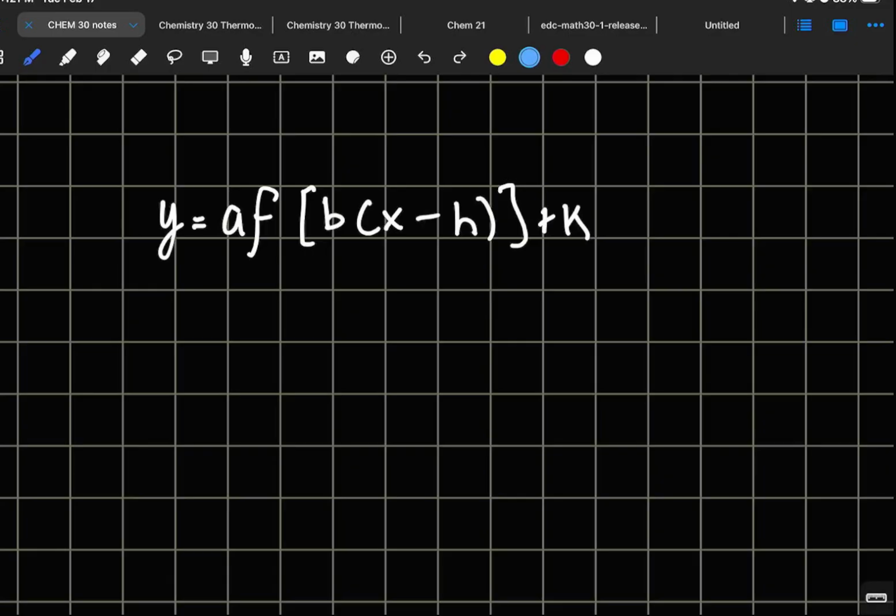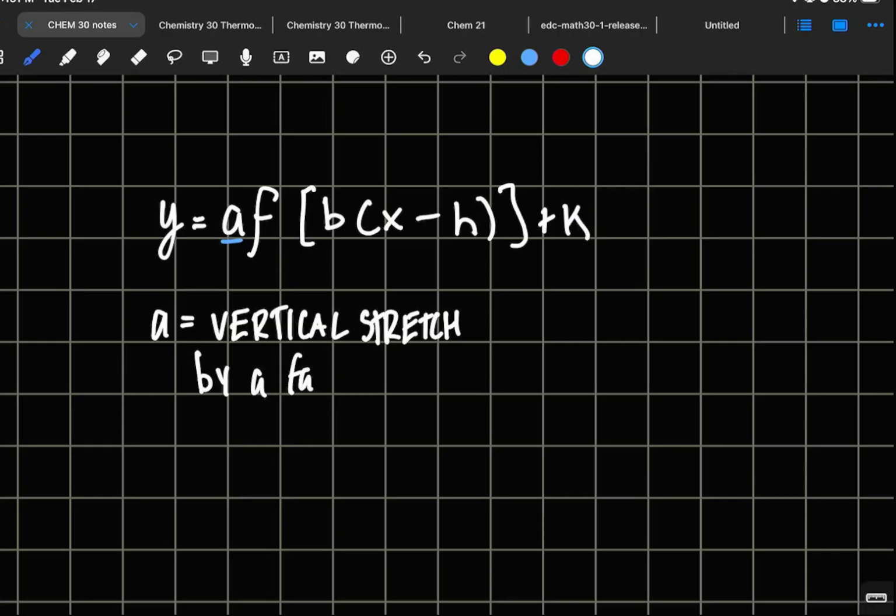So we begin. I'd like to start off with our A value. Our A value is a vertical stretch by a factor of A. So what does this mean?